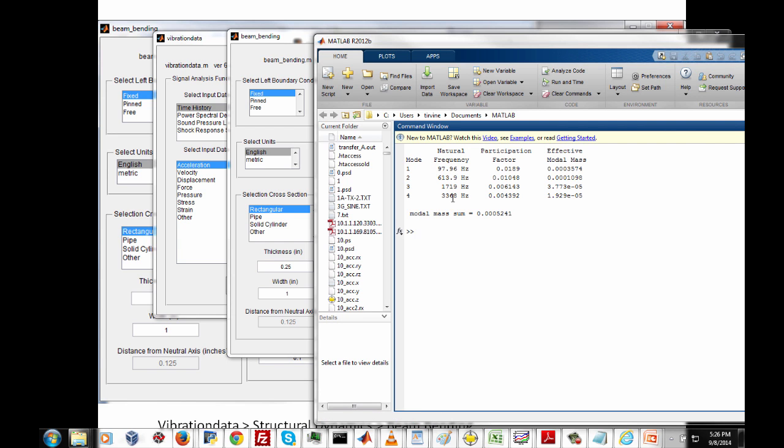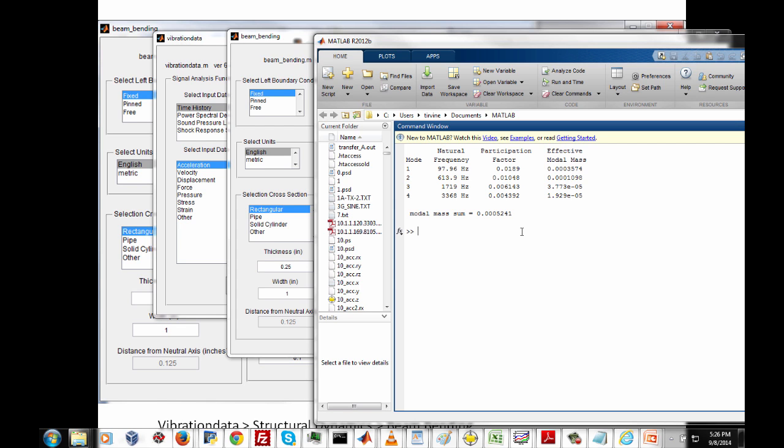There are the first 4 natural frequencies, and the participation factors are shown in this column. Participation factor is in some sense a measure of how easily excitable a given mode is. Let's say we have a uniform white noise input. The first mode would be the leading mode in terms of the resulting acceleration, relative velocity, relative displacement, and so on at the free end.